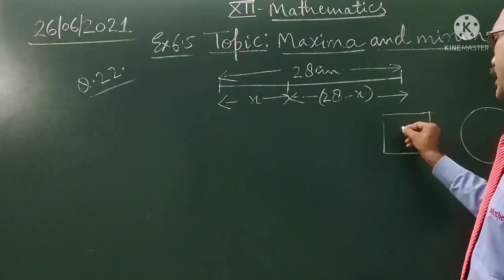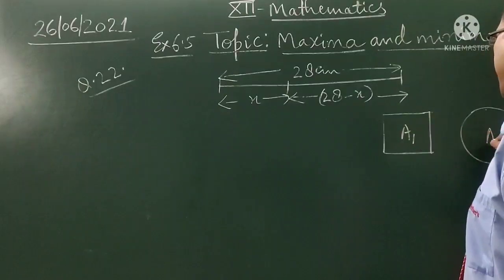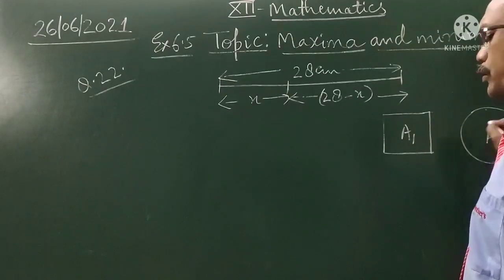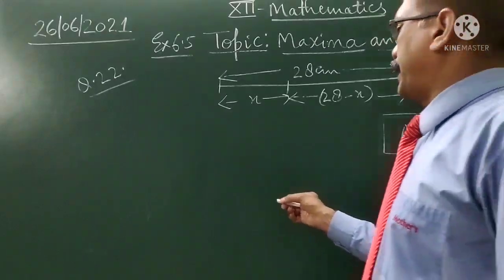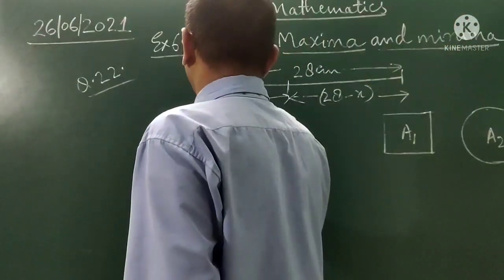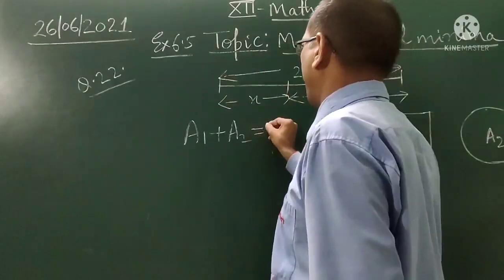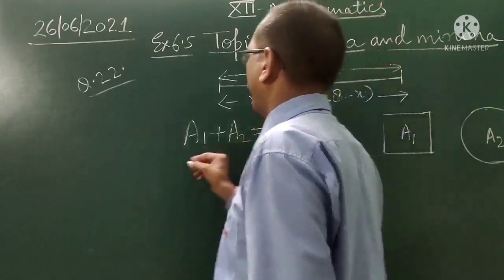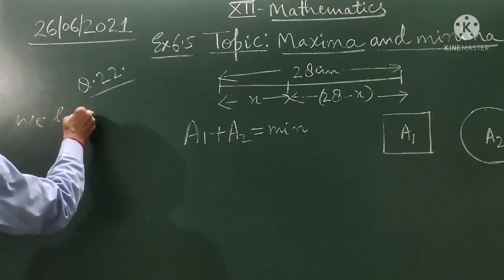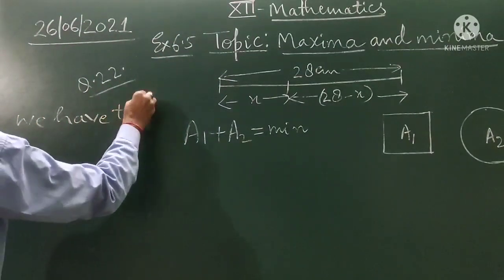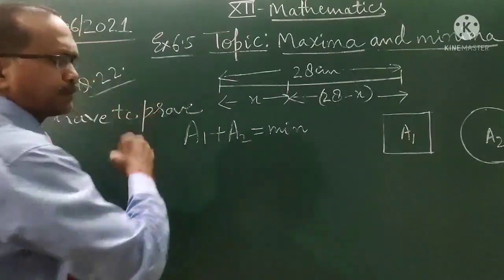Dear student, let the area of the square be A1 and the area of the circle be A2. We have to prove that A1 plus A2 is minimum.